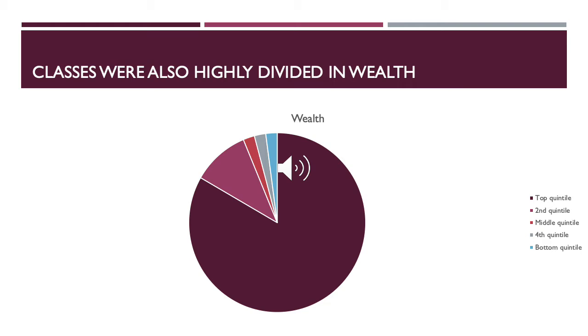Now if you look at the next area, that kind of plum purple area, you'll see that that represents 10% of the total wealth in the United States. That's the second 20%, so the second highest earning group.